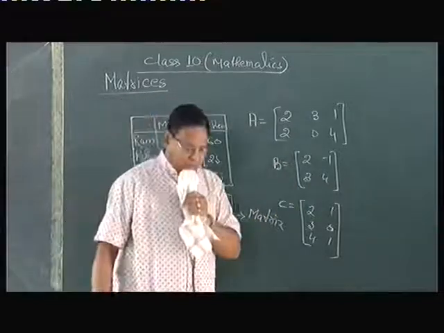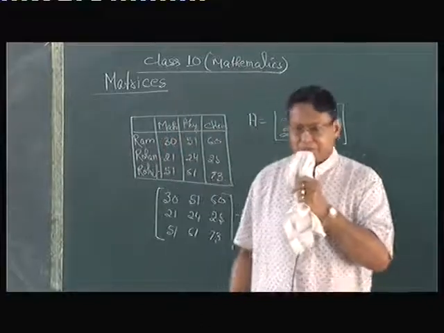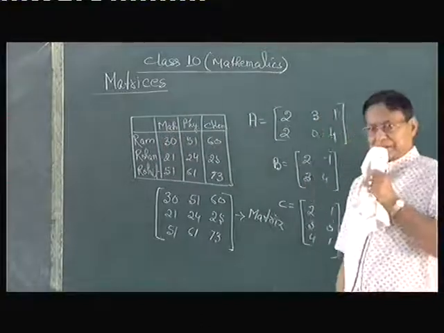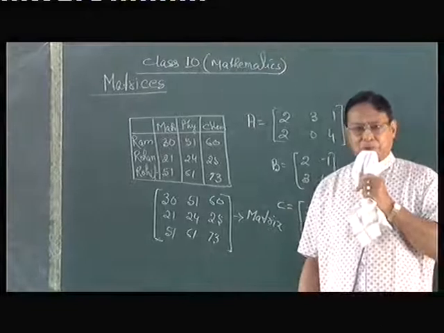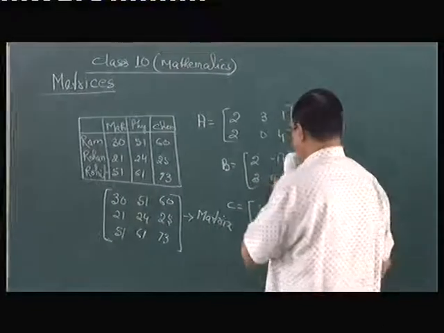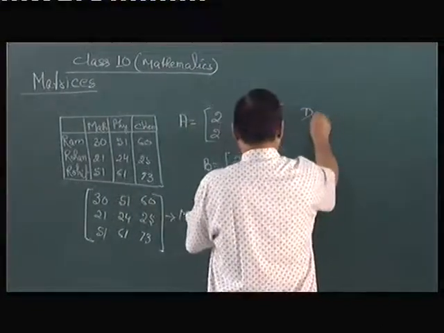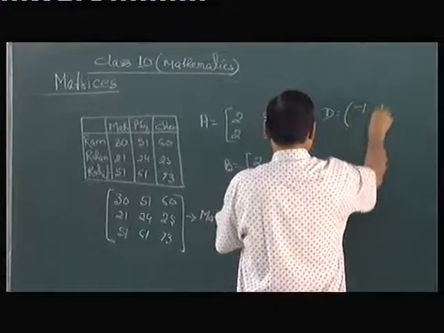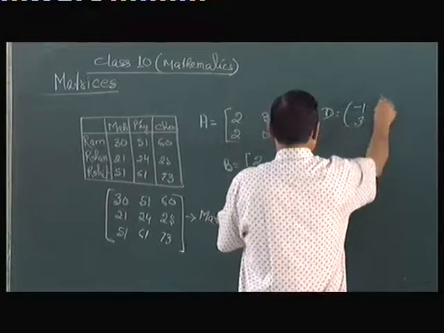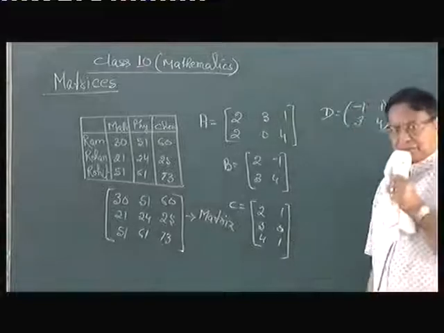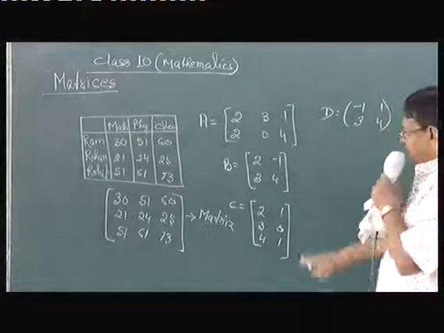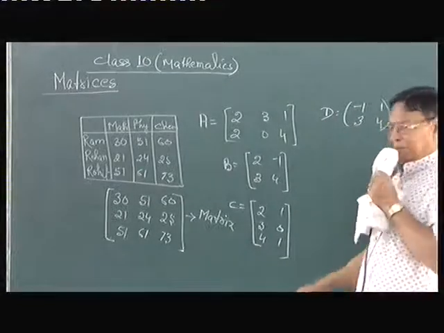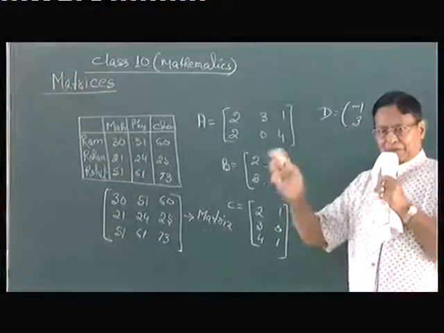And these numbers which we have written on the matrices within the square bracket, it can be a small bracket as well. So a matrix D, I wrote it like this. So these are the 2 representations of the matrices: one within the square bracket or within the small bracket, any one.